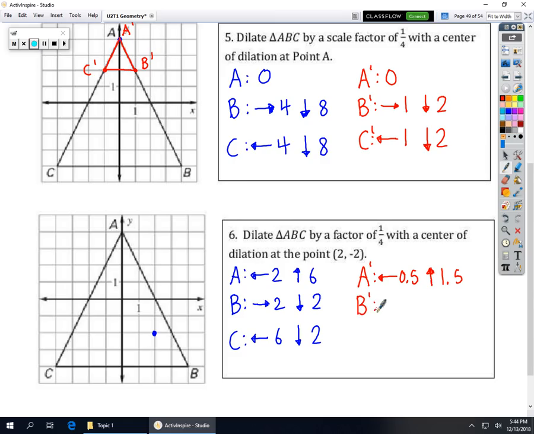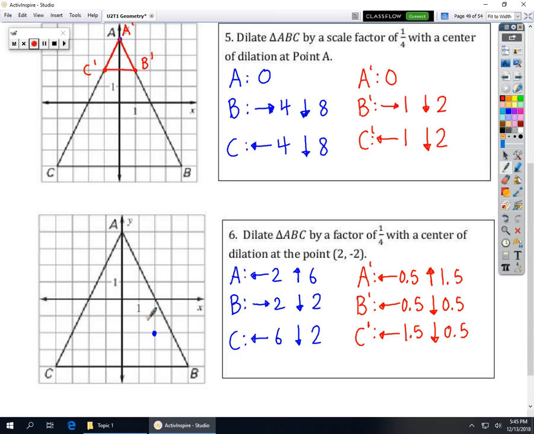And we've already done this, right? 1/4 of 2 is 0.5. So now that we've applied the scale factor to some of the numbers, we kind of know all the answers now. 1.5 and down 0.5.